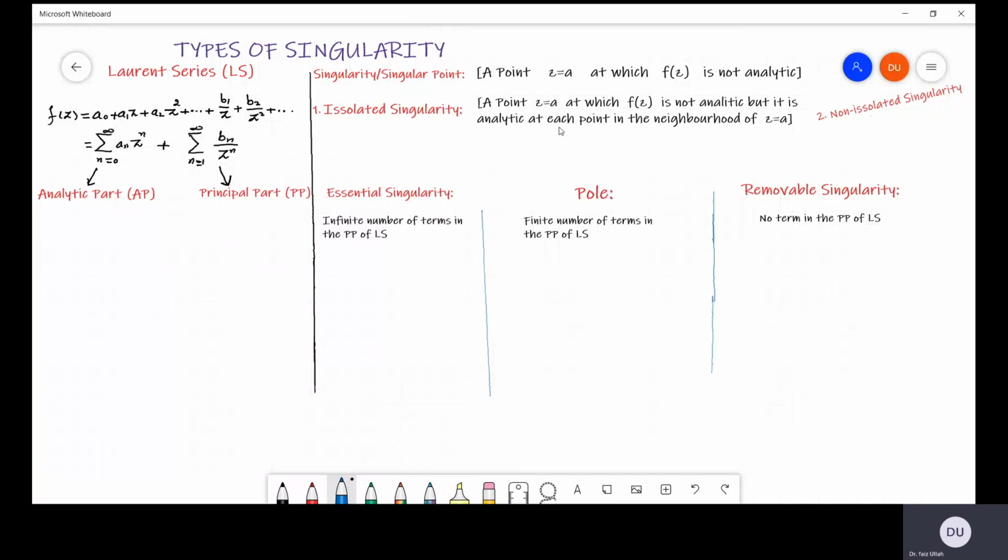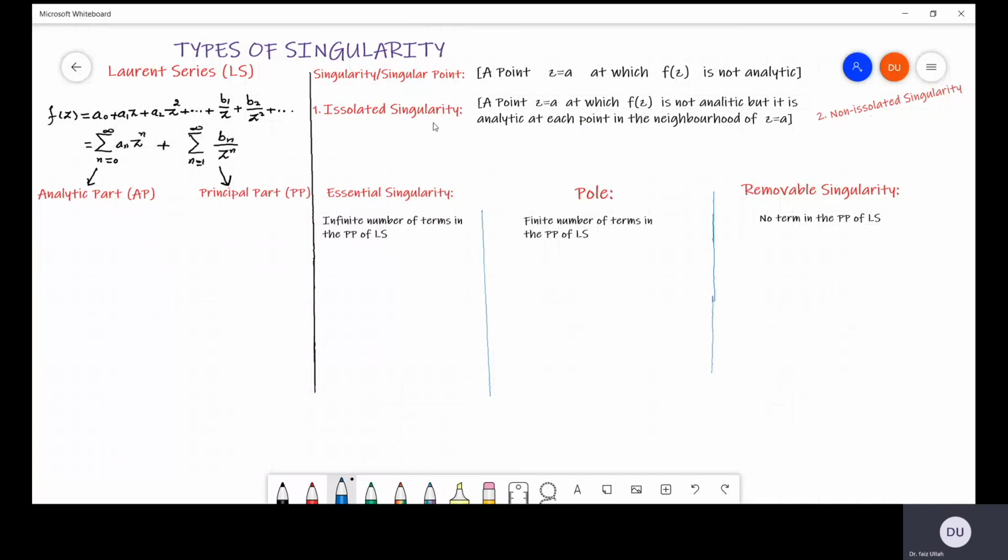But if we take any point near a, in other words a point a little less than a or a little greater than a, we will see that the function is differentiable or analytic at that point. So the function must be differentiable or analytic in the neighborhood of a, but it will not be differentiable exactly at the point z equal to a.